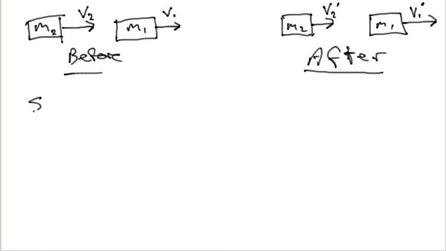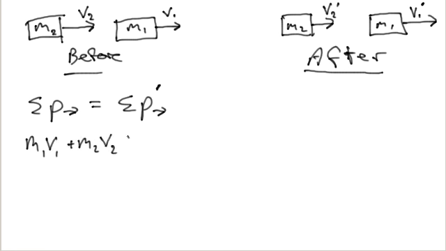So I'll start with the sum of the momenta in the before picture to the right is equal to the sum of the momenta in the after picture to the right. m1 v1 plus m2 v2 equals m1 v1 prime plus m2 v2 prime.